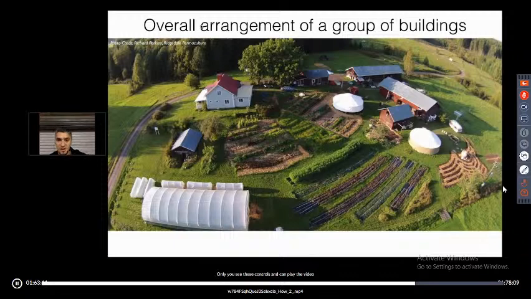As in this image, there is an area where everything is close together, because of the activity nodes and the frequency of using the buildings. The shed needs to be close to something that you're using. If you need a lot of things from your shed for your nursery, then obviously they have to be close together. Just think about how you're using those structures.